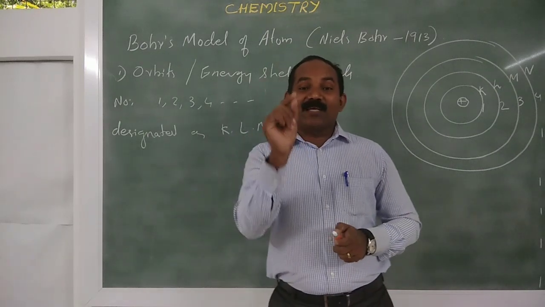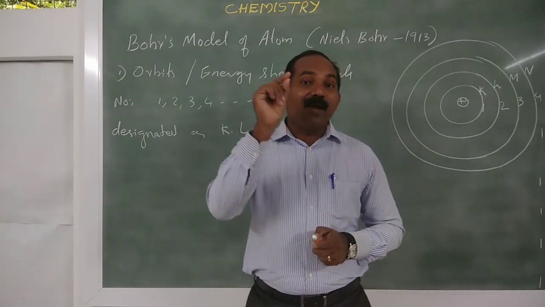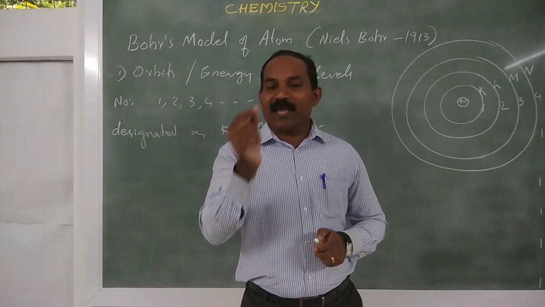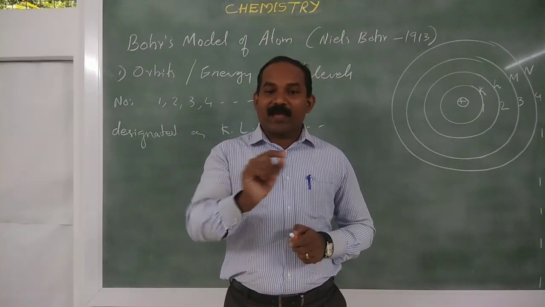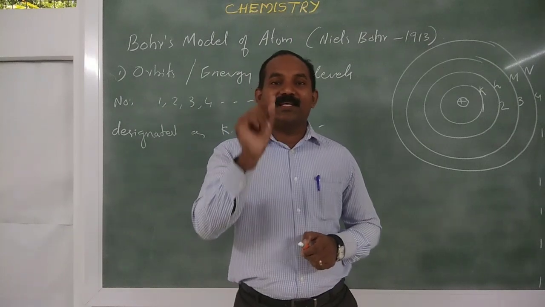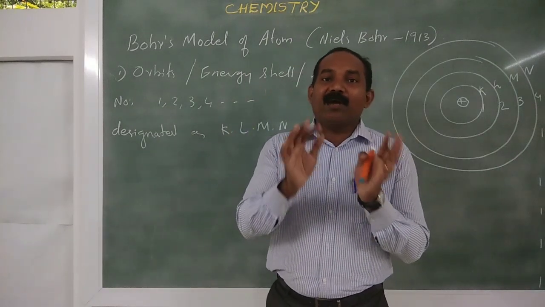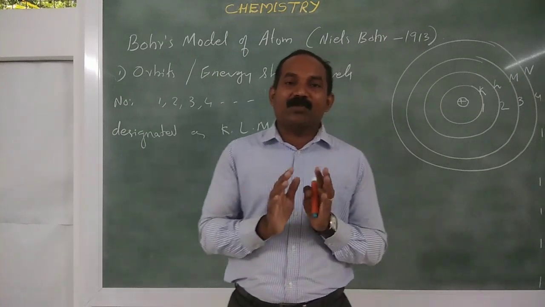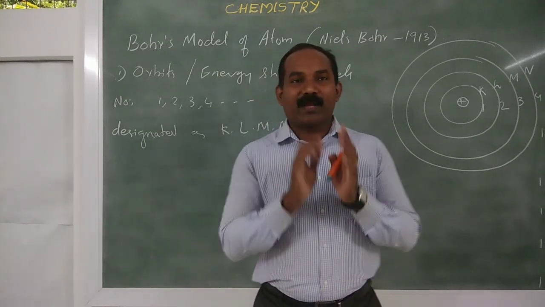As long as an electron remains in a particular orbit, it doesn't lose or gain energy. That's why the orbits are also called stationary states. The energy of the electron in an orbit is quantized.